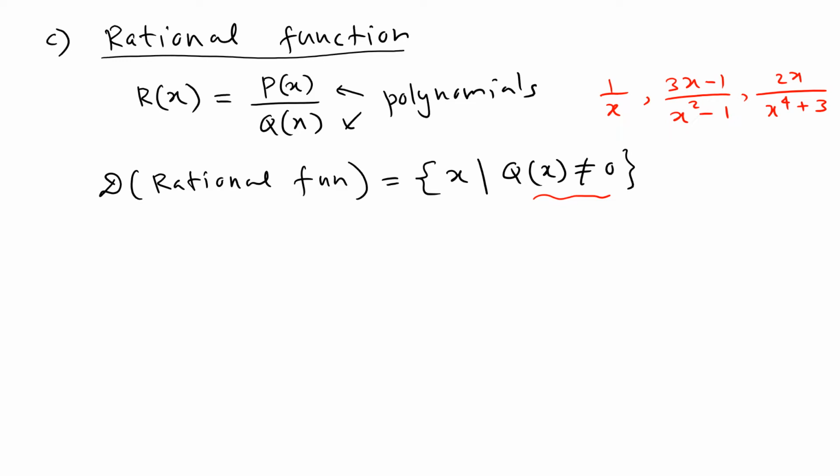And then we have a special case. Sometimes p(x) or q(x) may not be polynomials. It can be something else, like some root functions. In that case, we call those fractional expressions.